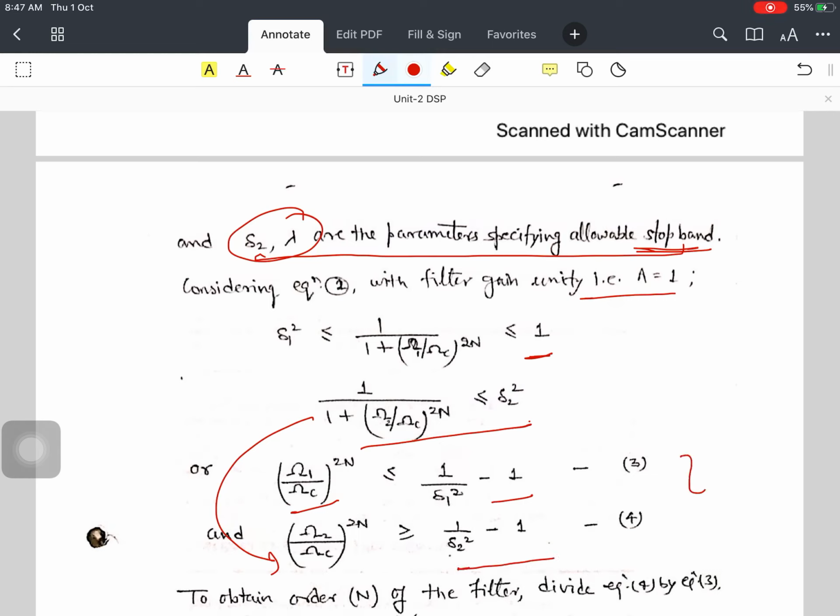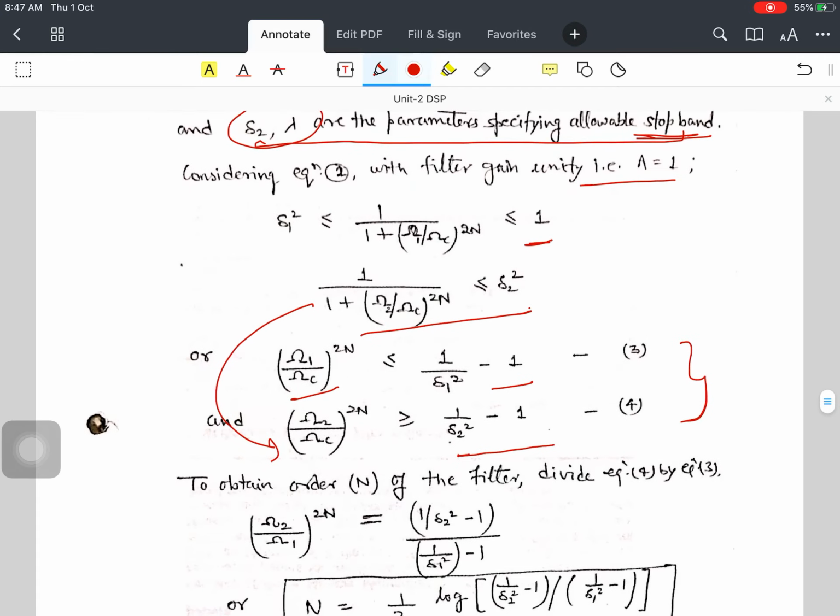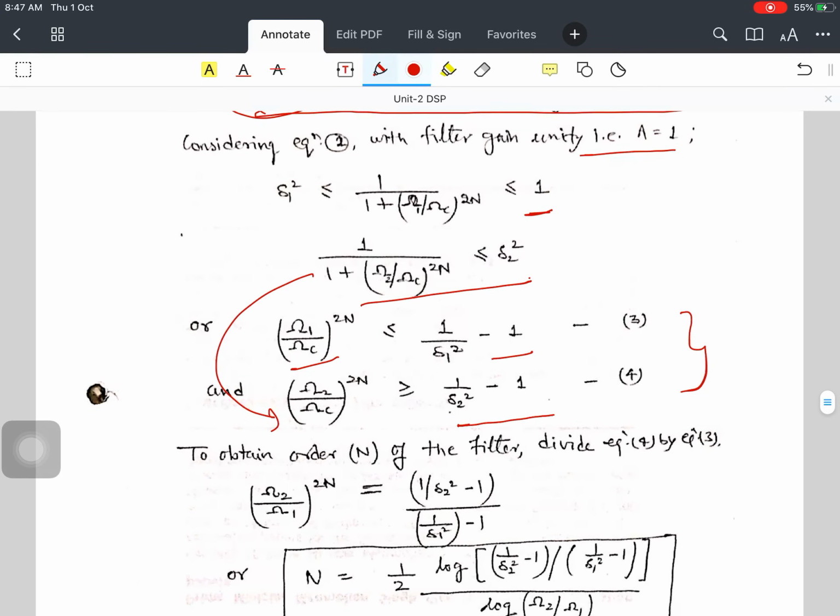So we have calculated equations 3 and 4. Now the first step, after calculating all these parameters, is to calculate the order of the filter. For calculating the order of the filter, we use Ω2 upon Ω1. So just use equations 3 and 4.